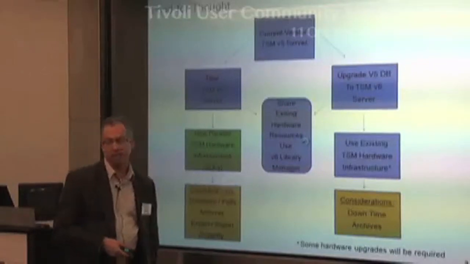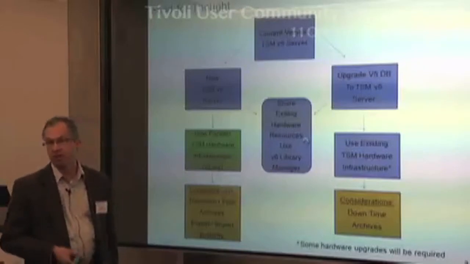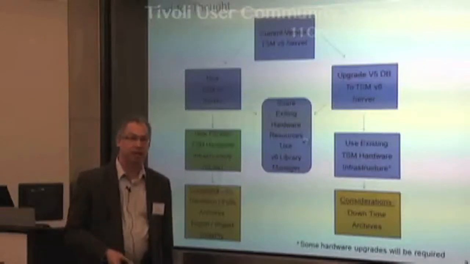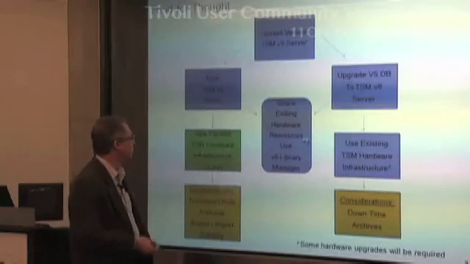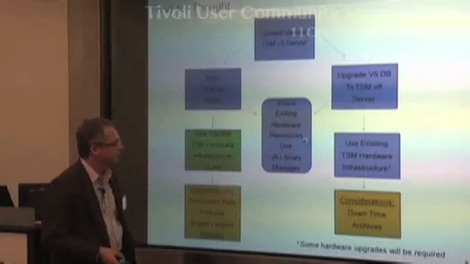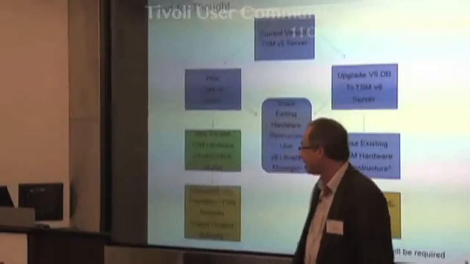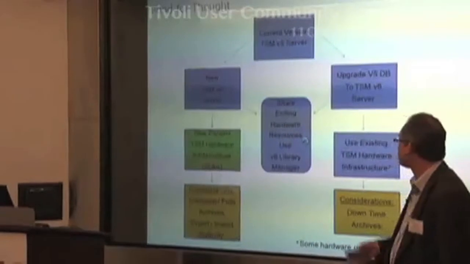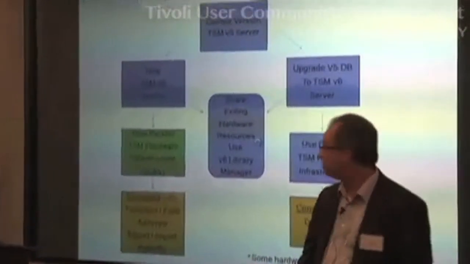And oftentimes that's not the case. As a result, you have to do an in-place upgrade or a network upgrade of the existing version 5 system. In some cases, we'll see a hybrid where a version 6 system goes in, and it'll be the library manager, and it will share the resources between the old version 5 and the new version 6.